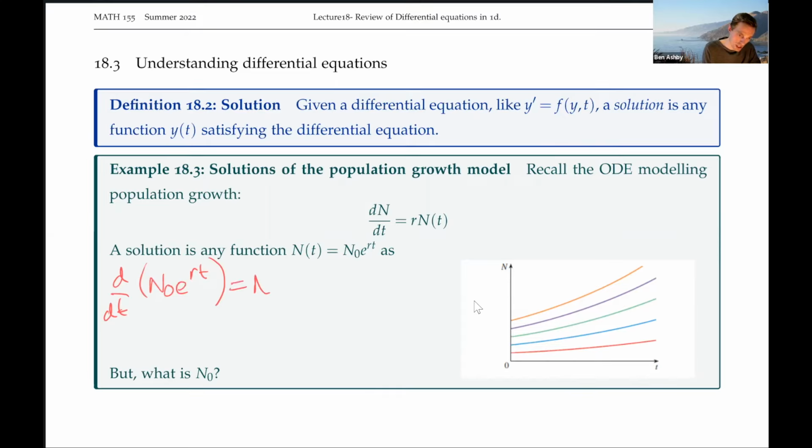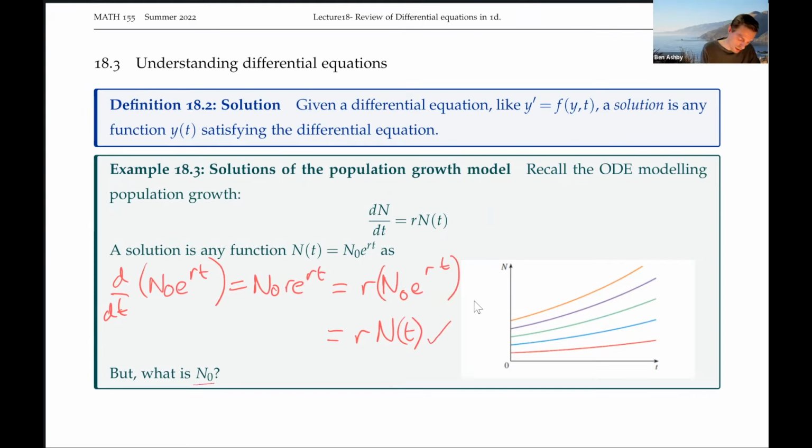This just gives us n naught r e to the rt, which we can rearrange to be r times n naught e to the rt, which is just r times n of t. So we see here that our solution n naught e to the rt satisfies our differential equation when we take the derivative of it, and therefore it is a solution.